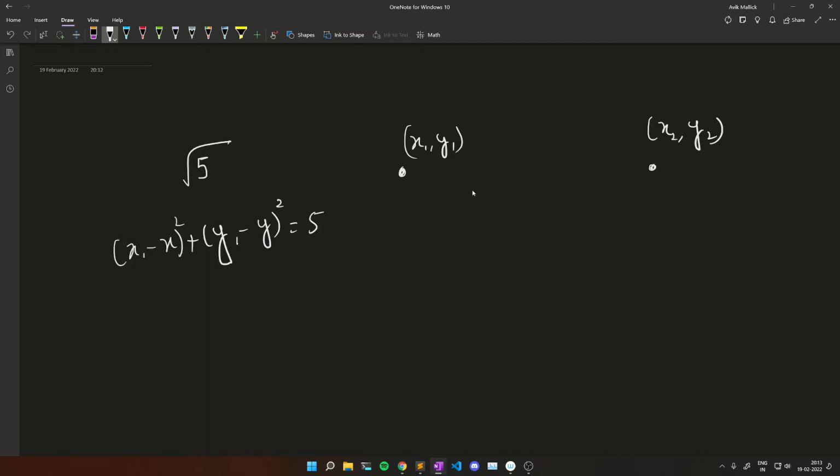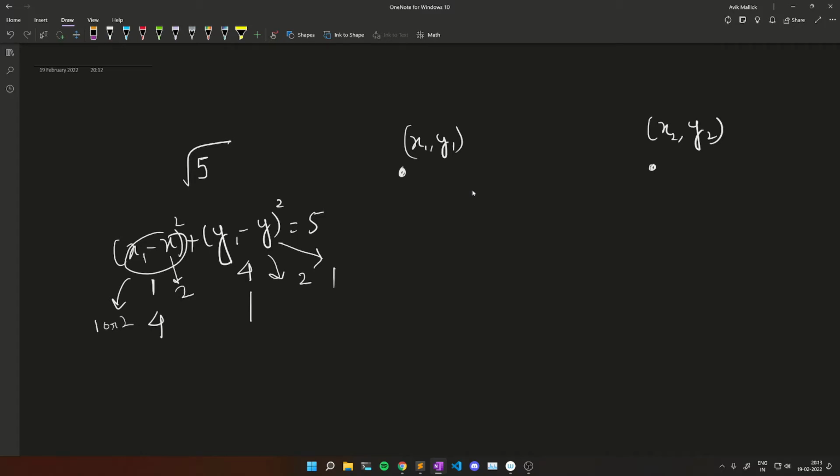So there are two options, either this is 1 and this is 4, or this is 4 and this is 1, which means x1 minus x has to be either 1 or 2, because when it is 2, its square will give us 4. Same way, when this is 1, the other has to be 2, and when this value is 2, the other has to be 1.